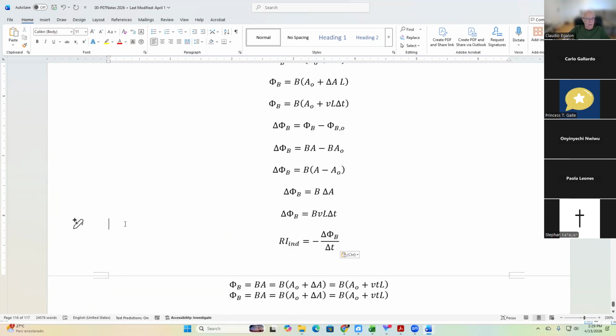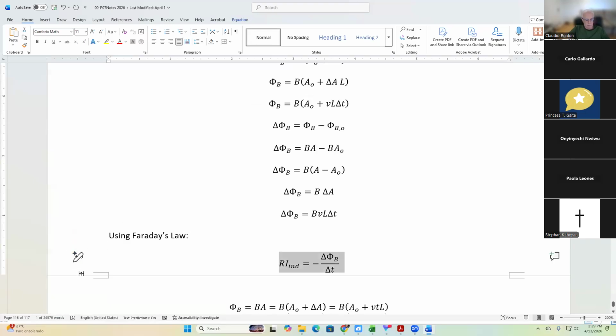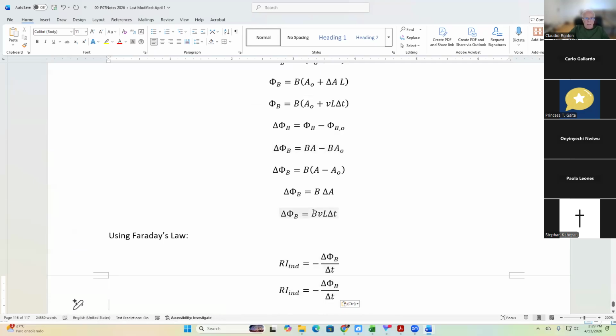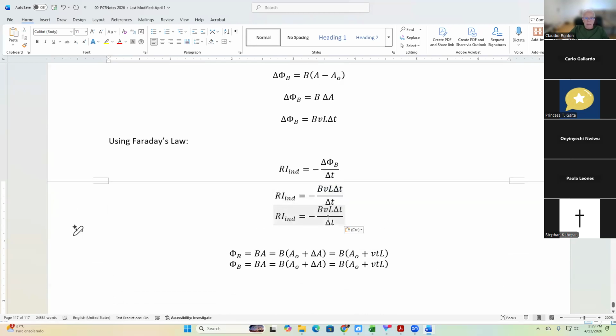Using Faraday's law. Substitute right in here. Look what happens to the delta T. Although we do not know delta T, we do not need to know it because it cancels in the equation for Faraday's law. And that's what we end up getting.